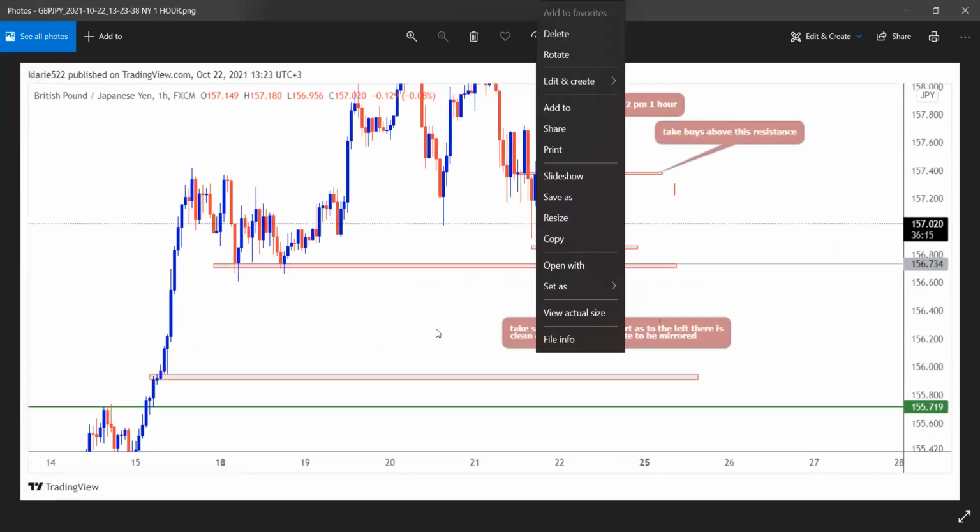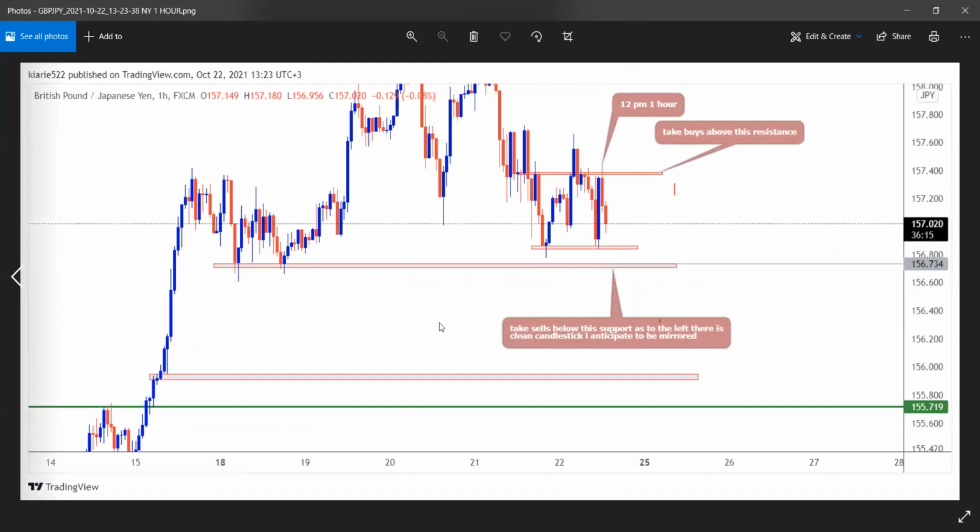Hii wiki nimekuwa na mistakes nyingi sana. Friday unakumbuka ukiniambia price was ranging? Unakumbuka? So I was to take sales below this support and buys above that resistance because price was in a range.